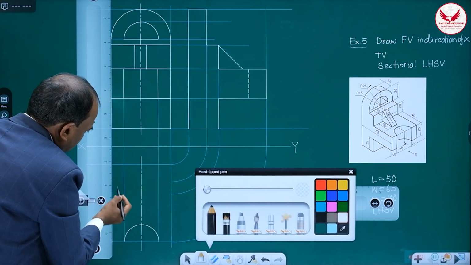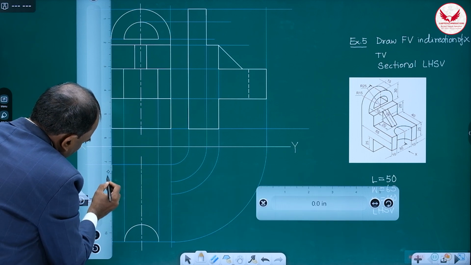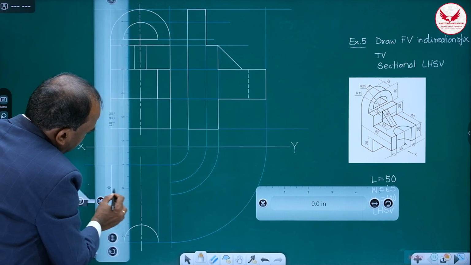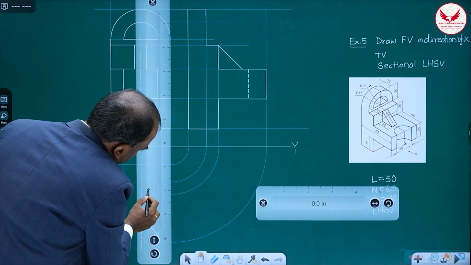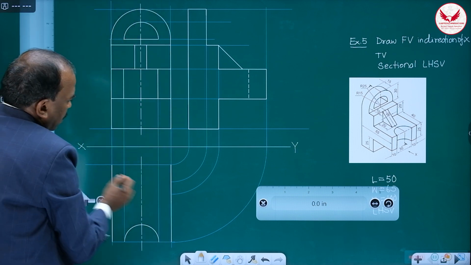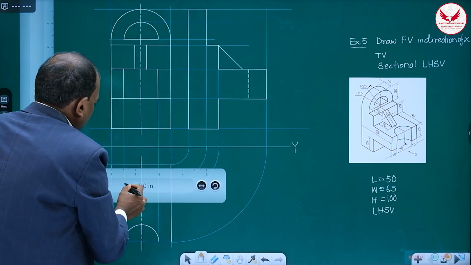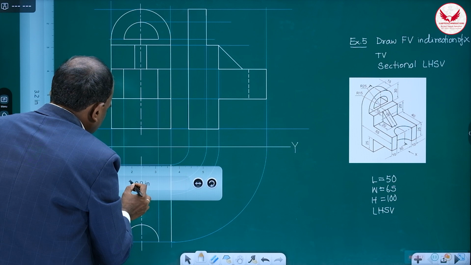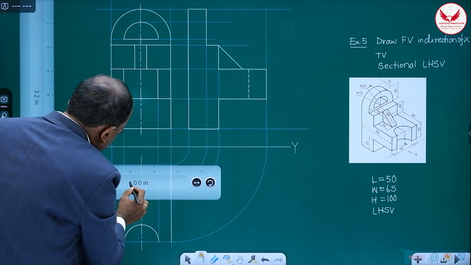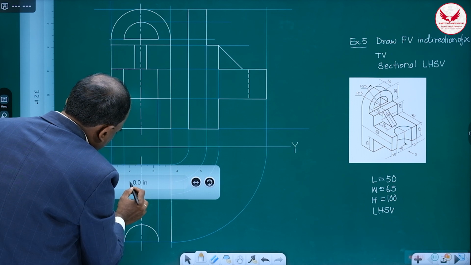How can we mark it? The top view is in this portion only. It is 65. It is 65. This is also 65. It is also 65. Then whatever portion comes next is a rectangle, not cylindrical or circular. Circular we have drawn in the beginning only.